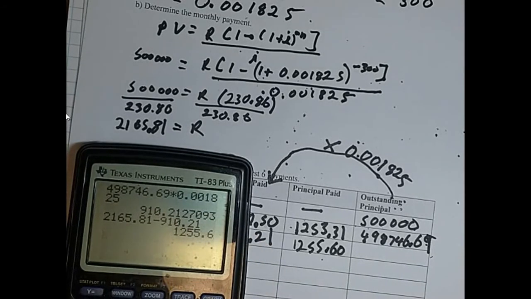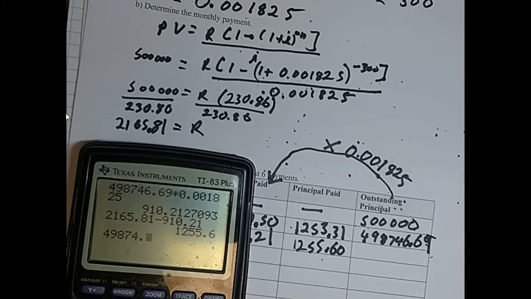Okay, so you go 498,746.69. Oh, I didn't put it all in. 498,746.69. Subtract 1255.60.